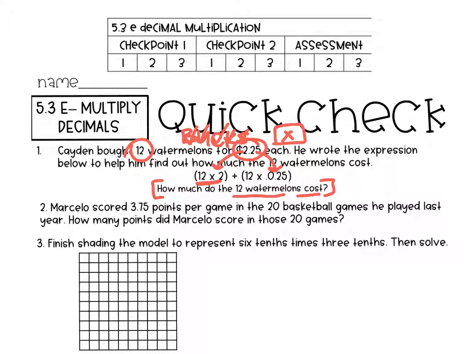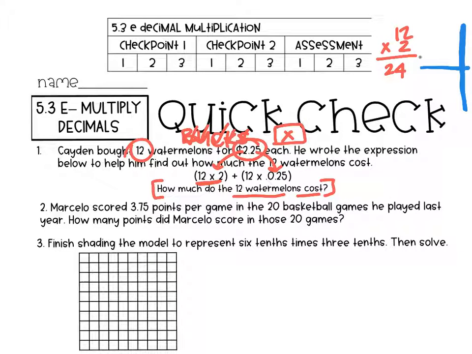So if you do it that way, I'm just going to write it up here. So if you do, you know 12 times 2 is 24. Then when we multiply with decimals, we have to remember that it has to go against the wall. So what I'm going to do is I'm going to just make my wall right here, and you have space obviously to write this.